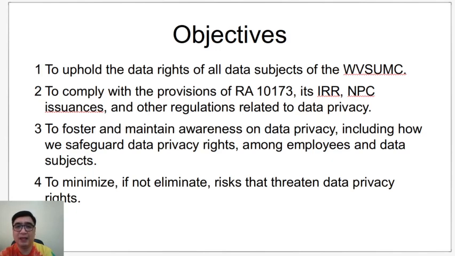Number 2, to comply with the provisions of the Republic Act, the IRR, NPC issuances, and other regulations related to data privacy. Third would be to foster and maintain awareness on data privacy, including how we safeguard data privacy rights among employees and data subjects. And number 4 is to minimize, if not eliminate, risks that threaten data privacy rights.